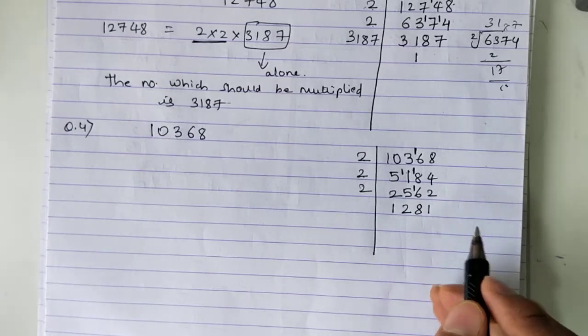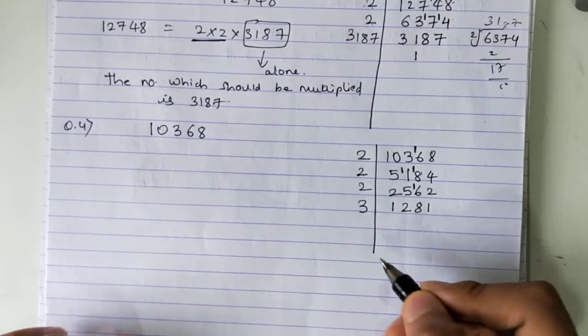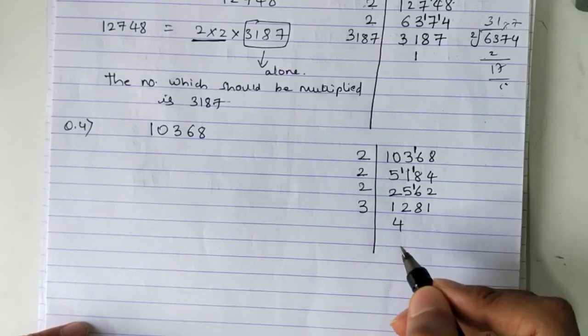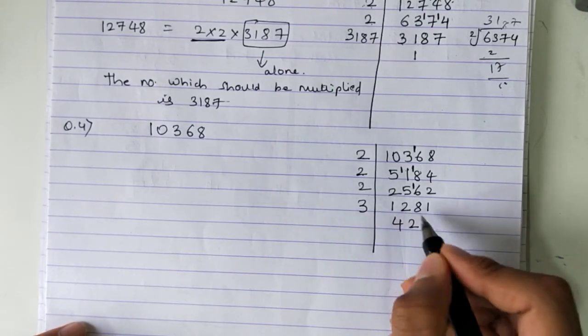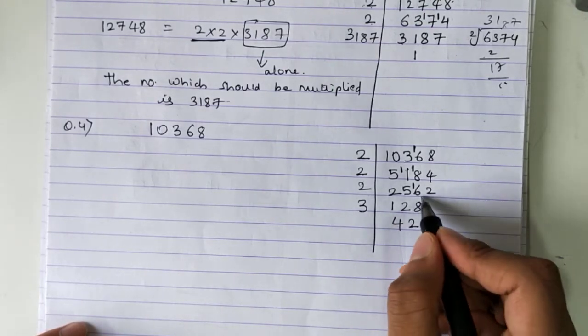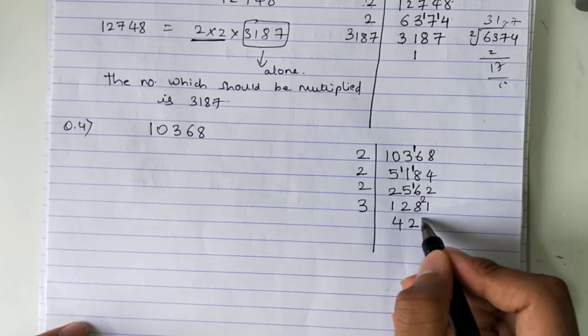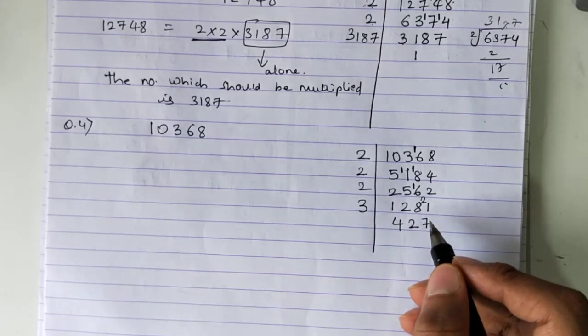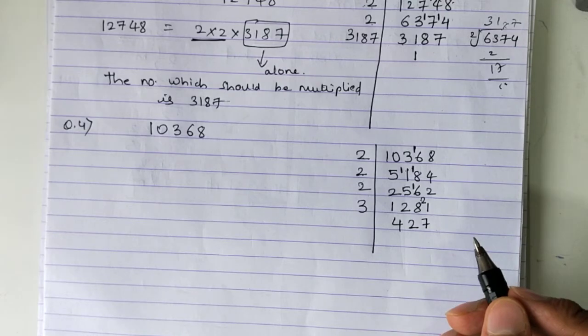Now we have 1281. So let's do with 3. 3 4s are 12. 3 2s are 6. So 2 will carry 21. 3 7s are 21.